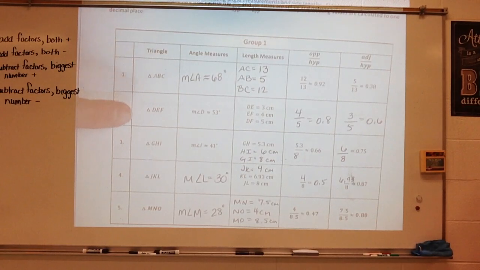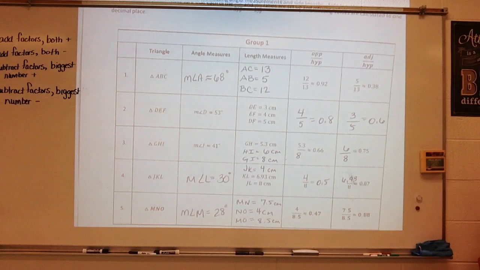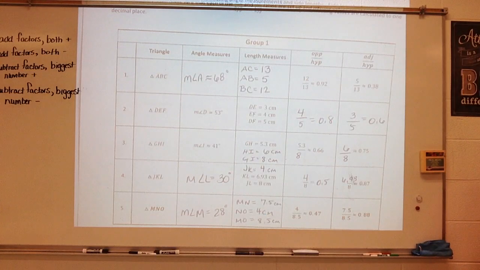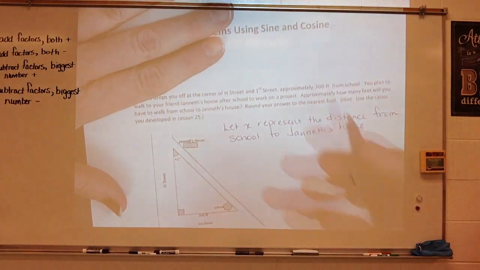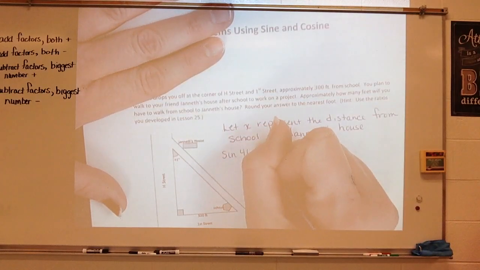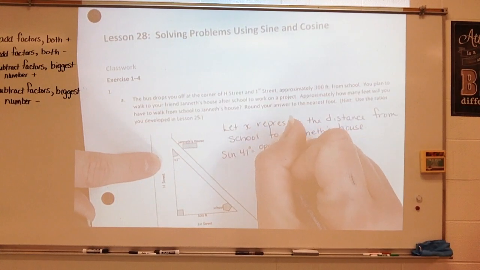But we looked at a 41-degree angle here. And if you remember, we hadn't quite identified sine, cosine, and tangent just yet. All right? At this point in time, we were still using opposite over hypotenuse and adjacent over hypotenuse. All right? But we have since identified that sine of a 41-degree angle is opposite over hypotenuse.